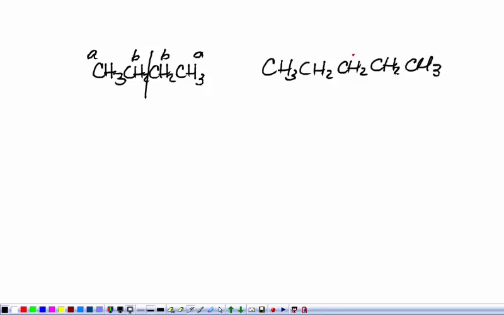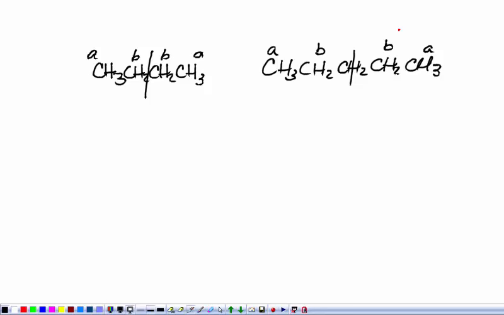Is there a mirror plane in this molecule that you can draw? Yes. That makes the CH3's equivalent, right? The two CH3s are now equivalent to each other, so there's the first set. It makes this CH2 right here equivalent to this CH2, so that's a second set.